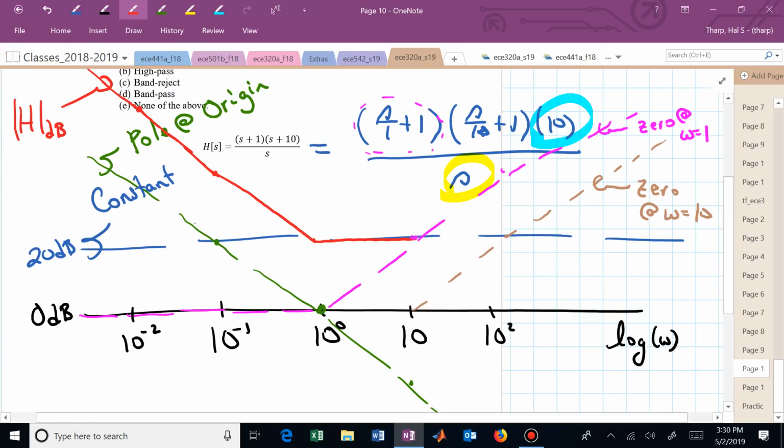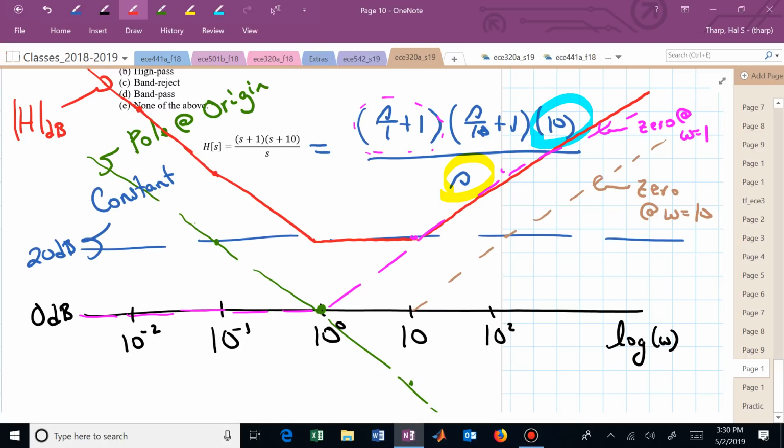And that's the last thing that is there, so now you just keep going up. So you now have this red shape for your magnitude, and that's supposed to give you your frequency response characteristics or your frequency behavior for this particular transfer function.